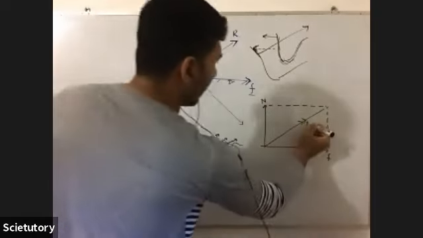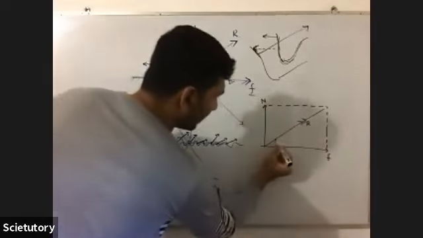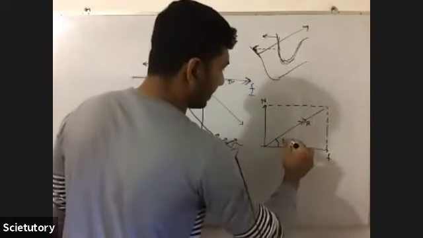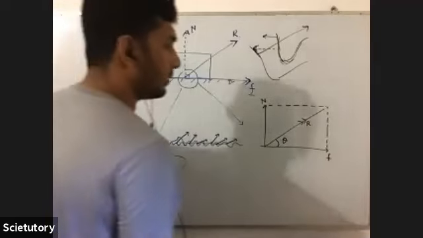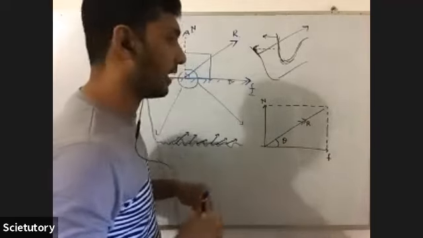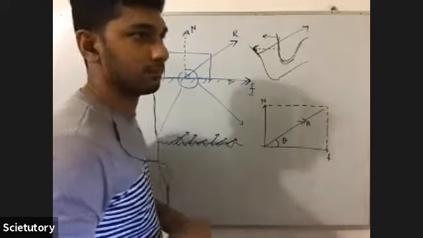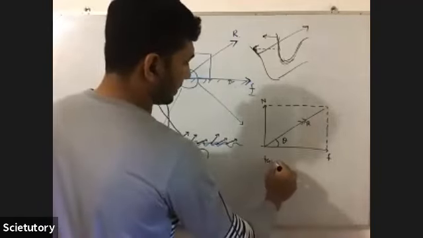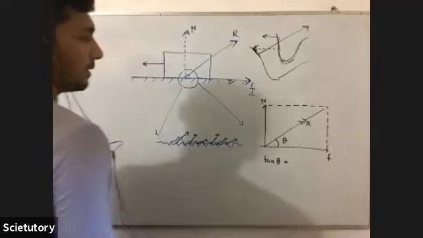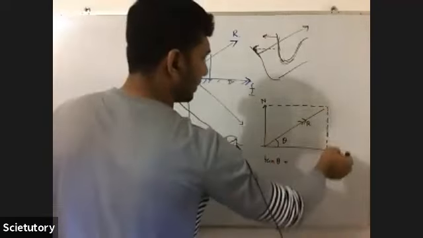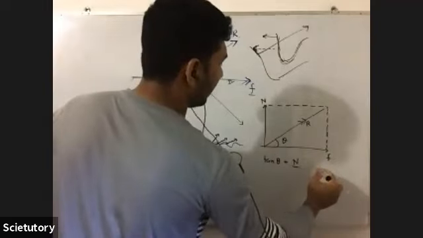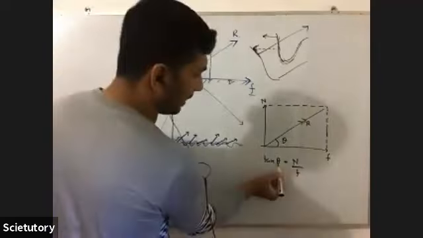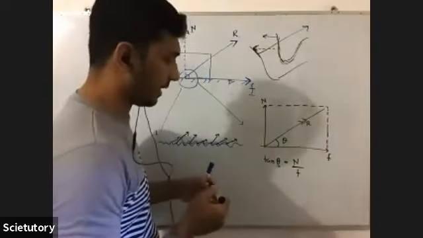So this is R. Now the angle that R makes with the horizontal plane is theta. How can you express this theta in an equation? It's tan theta. Tan theta is equal to the opposite side N over the adjacent side F. So now you can talk about the variation of theta with F.